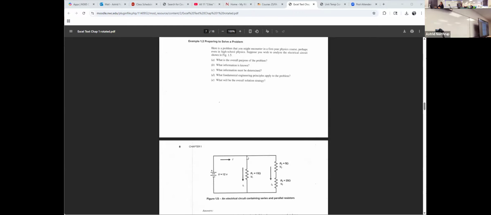Current splits at a node right here, so that, for example, we have some of current I going across this resistor, which this is a resistor, and then part of the current going across here. So current is conserved through a node. So basically I is equal to I1 plus I2. And that's referred to as Kirchhoff's current law, KCL.